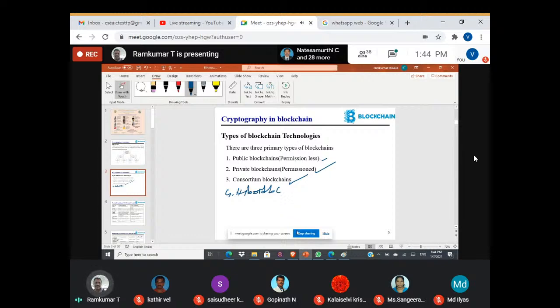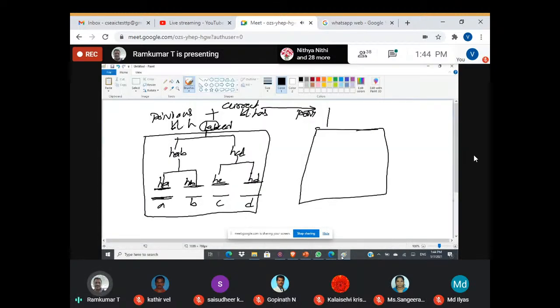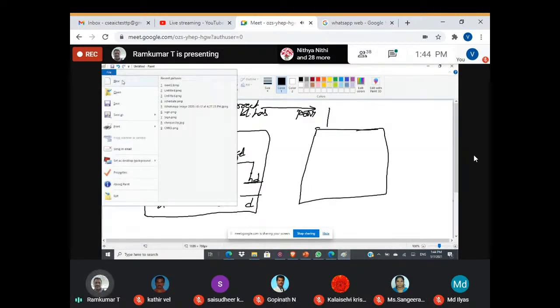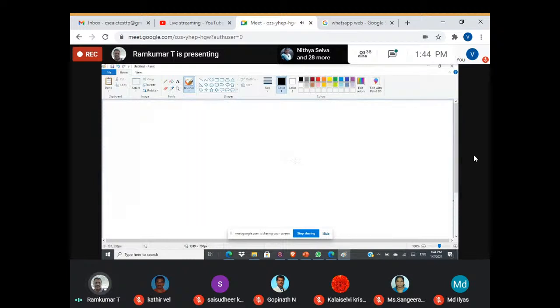Now what is a public blockchain? Whenever we are talking about a public blockchain, first of all I'm going to take one particular blockchain network. Suppose I have a 4 node blockchain network.